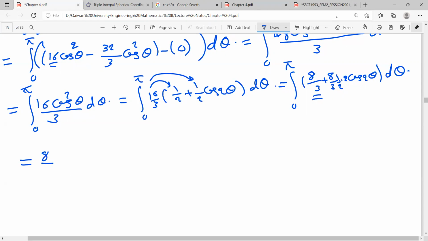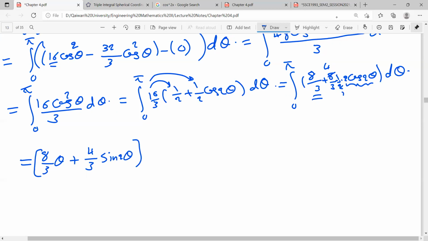So it's 8 over 3 θ plus 1/2 multiplying by 8 over 3, which cancel out. It's 1 and it's 4. We get 4 over 3. And we have the integration of 2 cosine 2θ. We have the derivative of the angle, which is 2. That means its integration is sine 2θ.